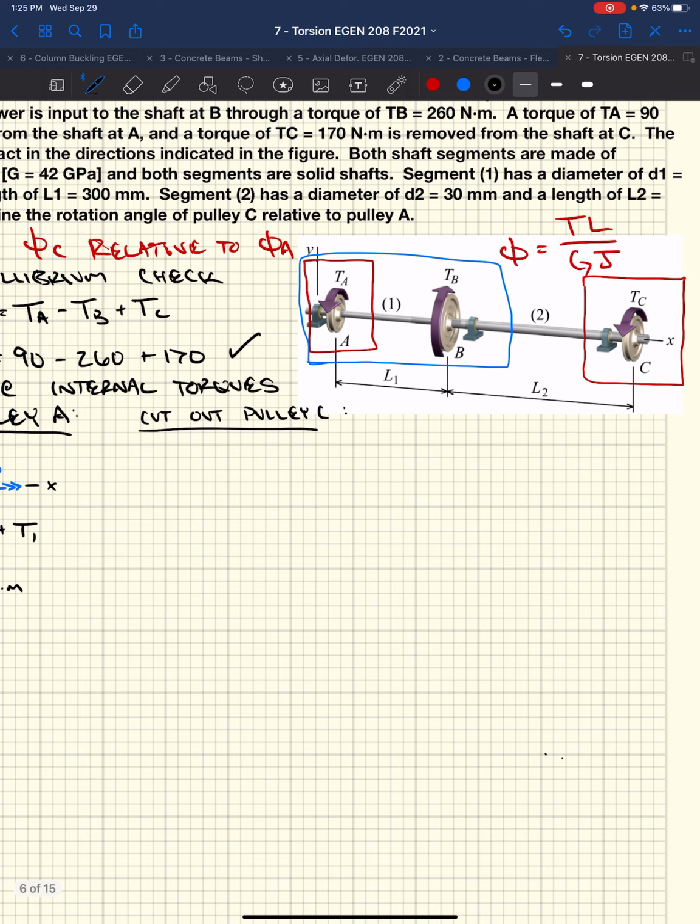Okay. So if I drew a free body diagram of that, we're going to have the pulley at C. Looks something like this. We're going to have the applied torque at C, T sub C. It's acting in the right-hand direction based on the right-hand rule, and we have positive x to the right.